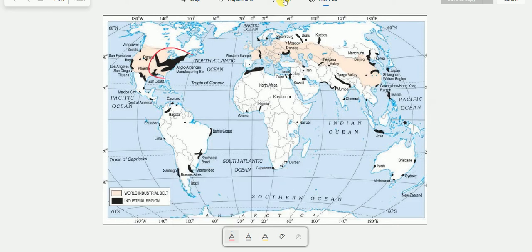Here you're seeing one very large black spot and some others also. At different places across the surface of the earth, you'll find the location of industries.